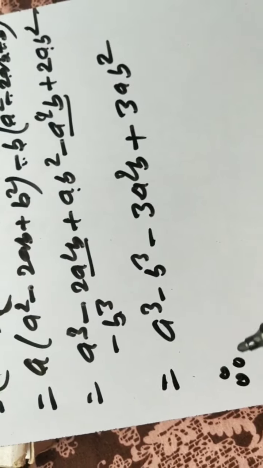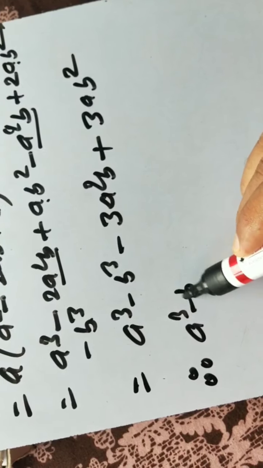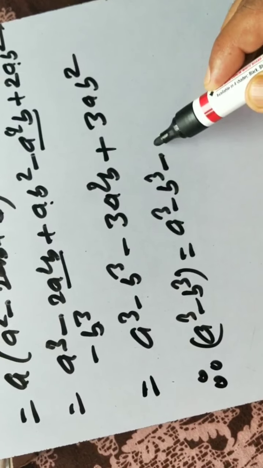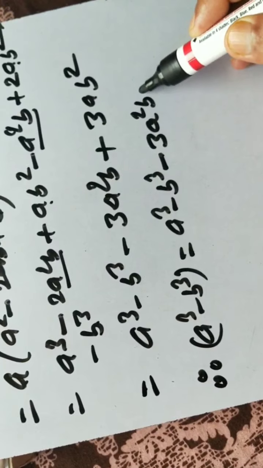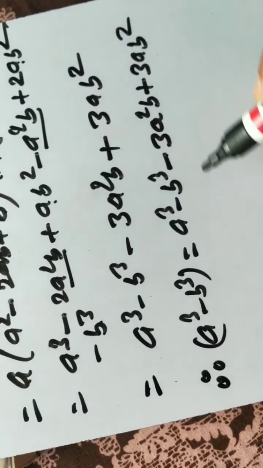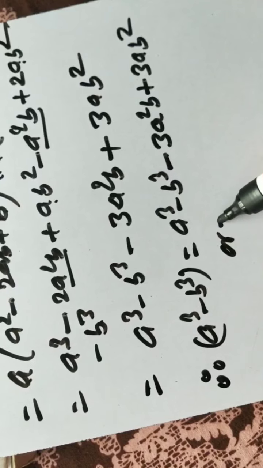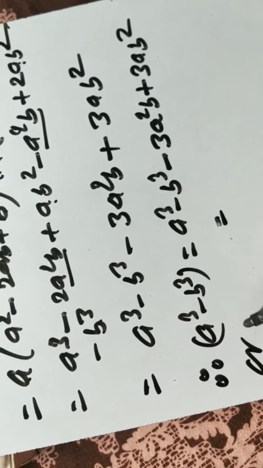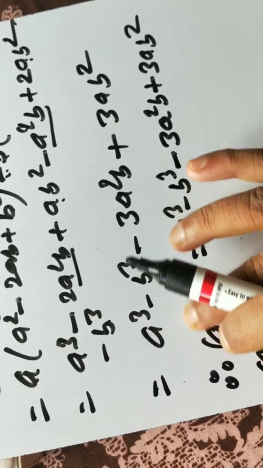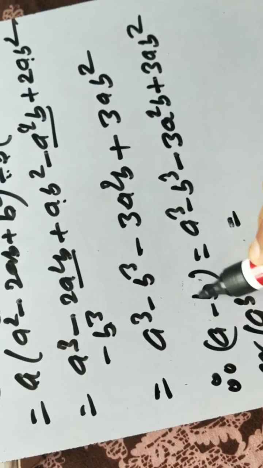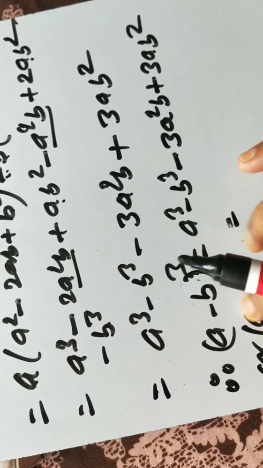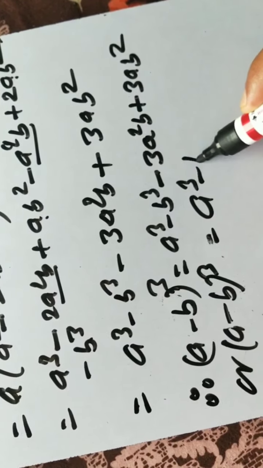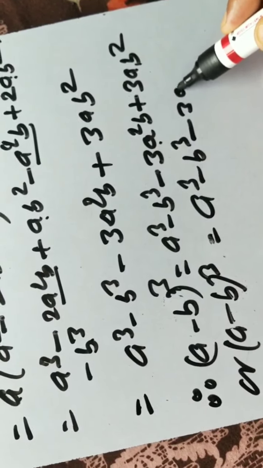Therefore (a − b)³ is equal to a³ − b³ − 3a²b + 3ab², or it can be written as (a − b)³ will be a³ − b³, and in these two terms 3ab is common.